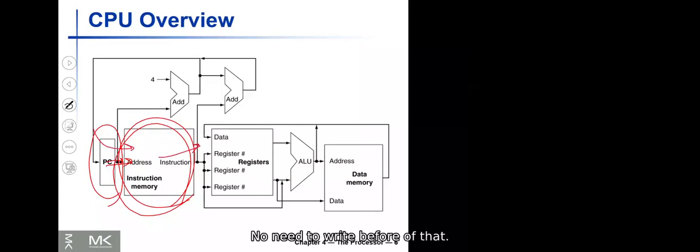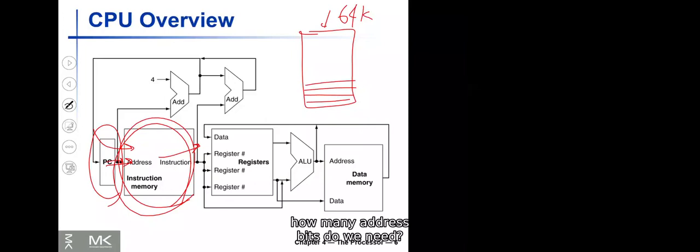Now, before that, let me again talk about memory, so you know what I am saying. A memory has different locations. Depending on the number of locations, we know how many address bits we need. For example, if this memory is 64K, it has 64K locations.